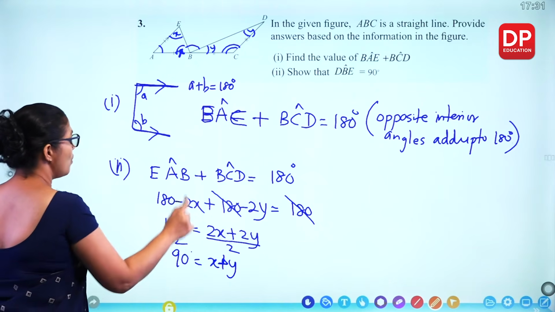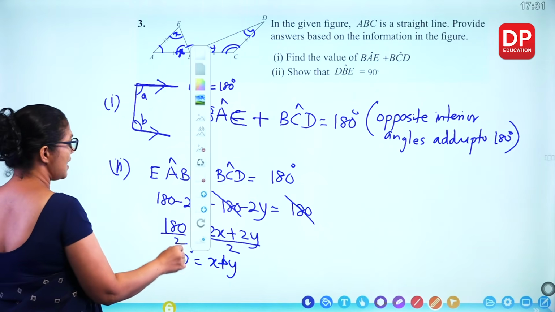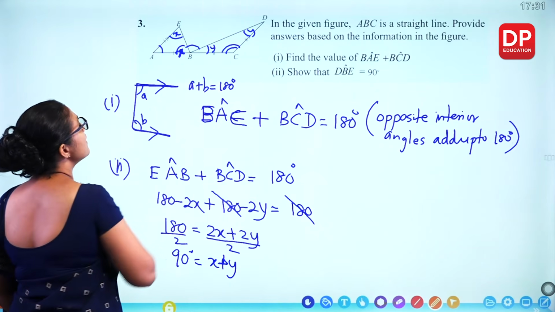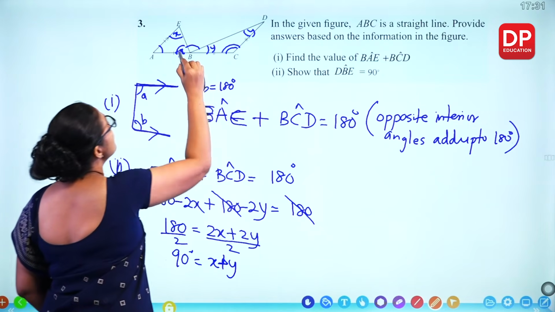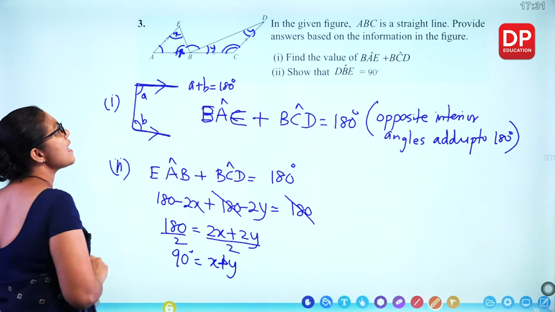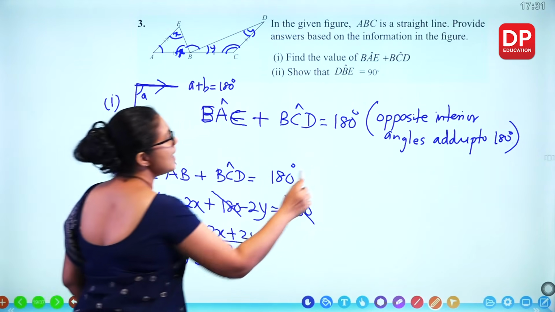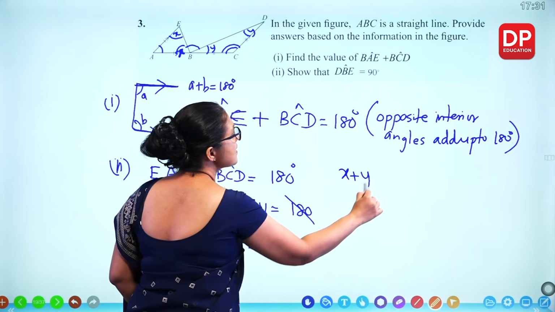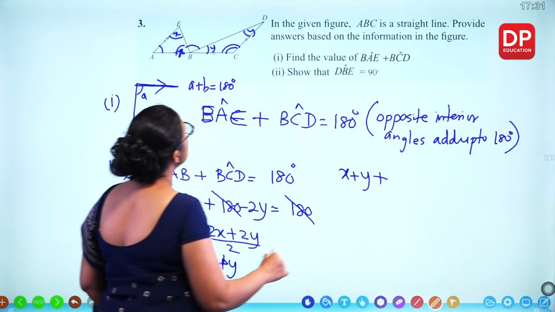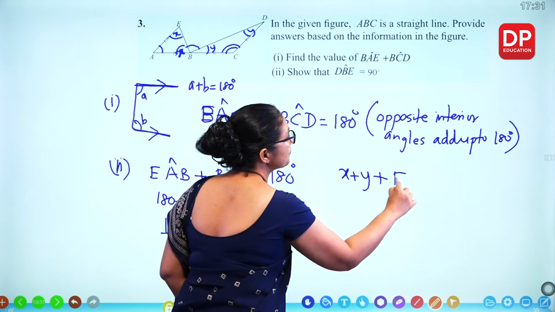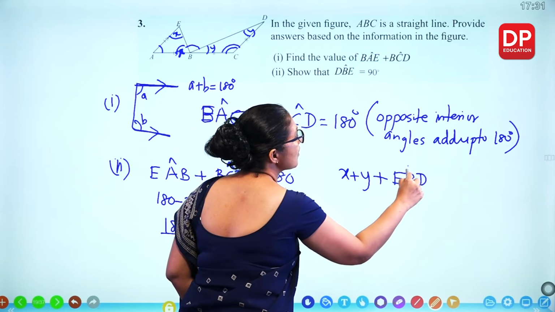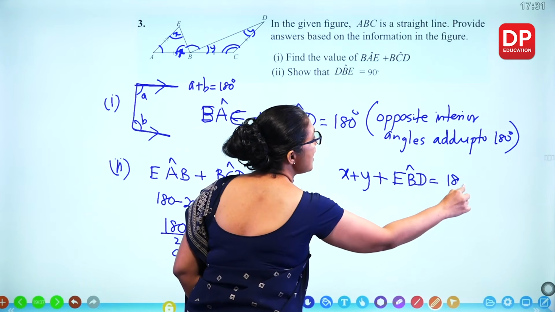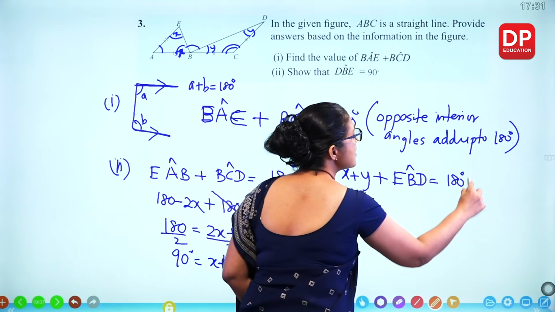But we know this is a straight line. So this angle is a straight angle. So what can you say? x plus y plus the required angle EBD should equal 180 because that's a straight angle.